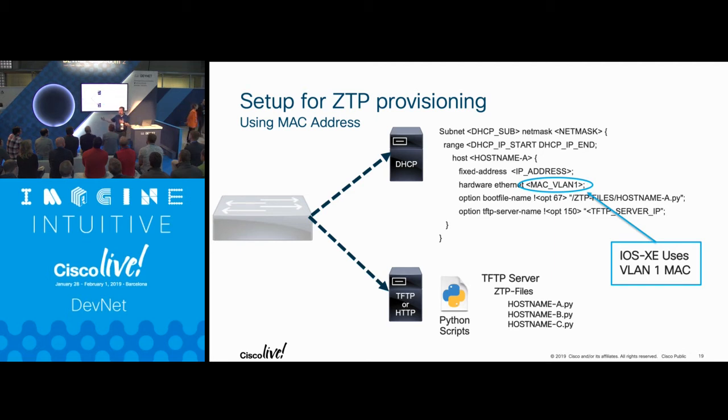So when this device comes in for a DHCP request, it'll give its MAC address of VLAN 1 as its identifier, and DHCP can then take that information to uniquely identify it and return not only the TFTP server, but the unique Python file that should be sent to that particular device. You might have this TFTP server I'm just showing. It's got a collection of different Python files, right? I identify that one to know which one to push.